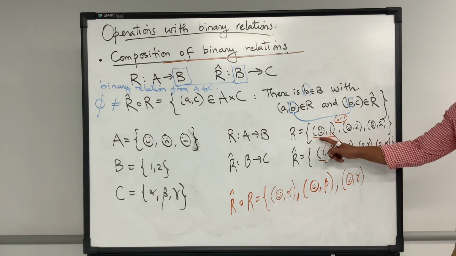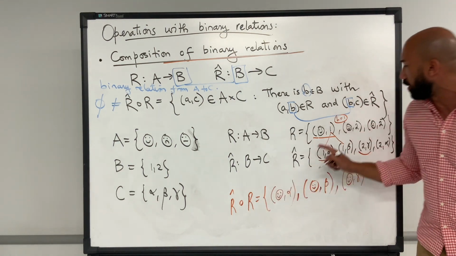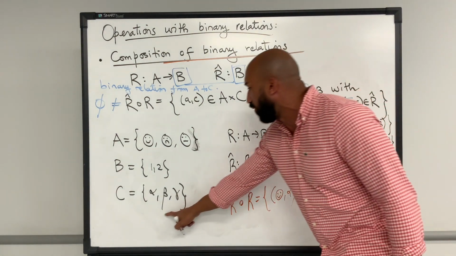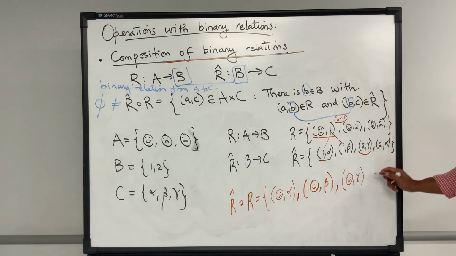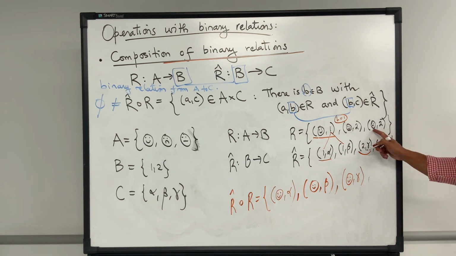Alright, so that means that according to the composite relation, happy face is related to all the elements in C. Good. That is not necessarily happening for all the elements in A, but in this case it's happening. So what about the sad face?